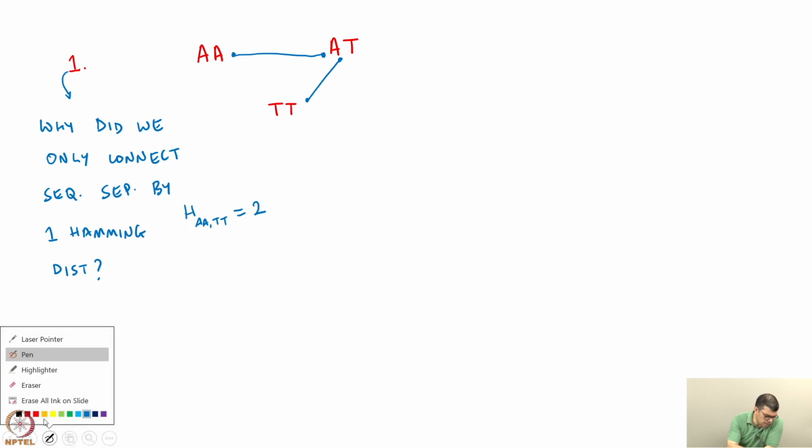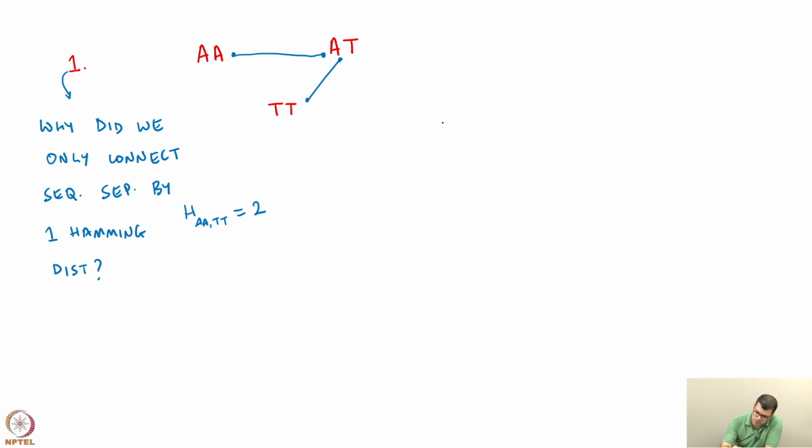Let us draw a fitness landscape where this is the genotypic space. This is AA, and then AT is further high up in the fitness scale, this is AT, and TT is among these three the best possible genotype which confers the highest fitness.